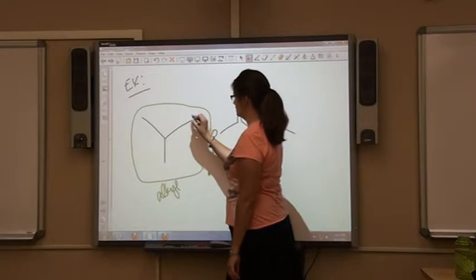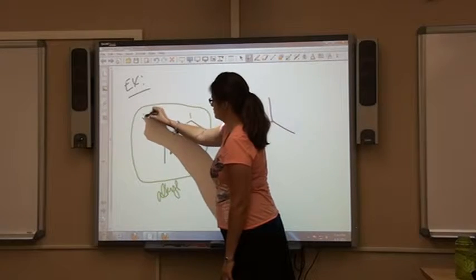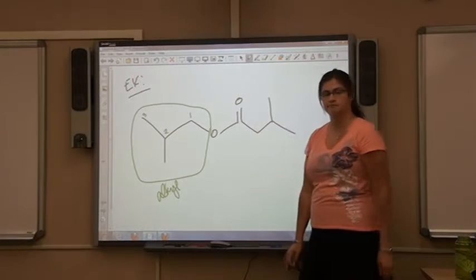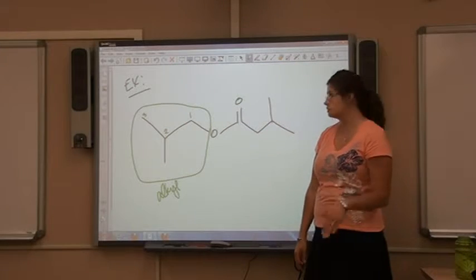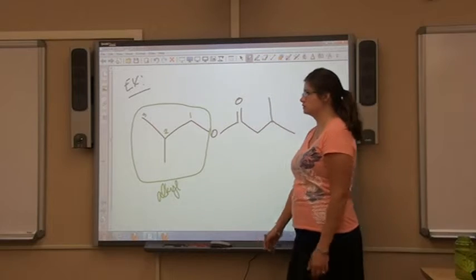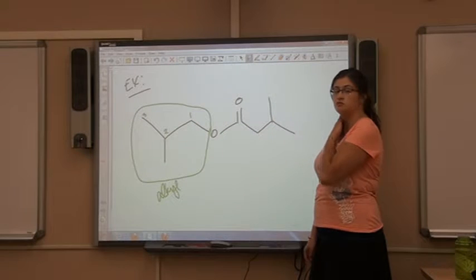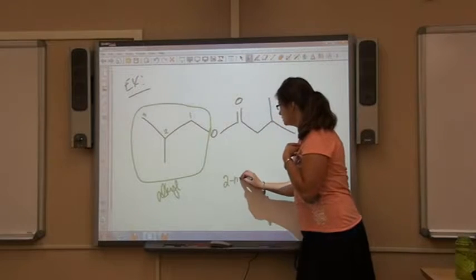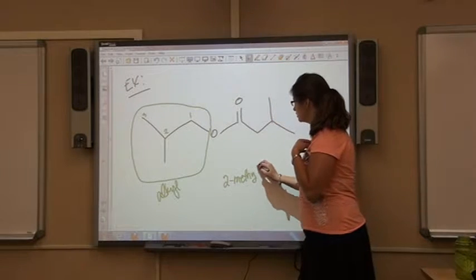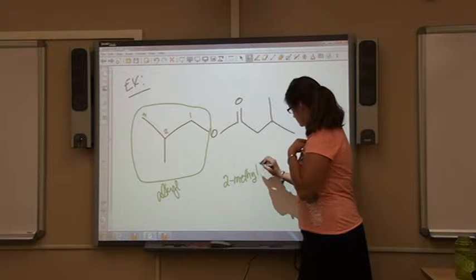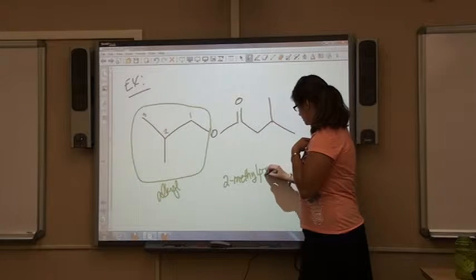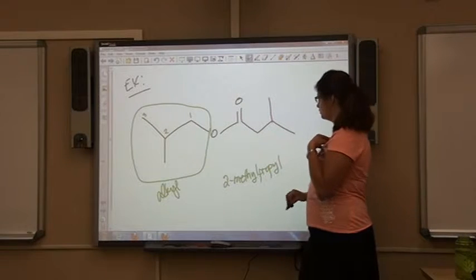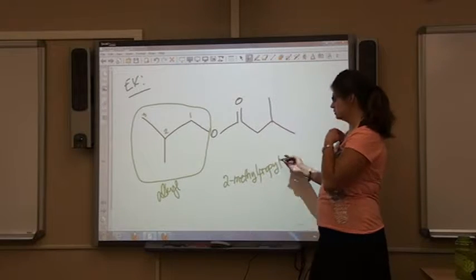Now practice numbering this. We have 3 carbons, and then this is a substituent here. So if we had to name this as a substituent, we call this 2-methylpropyl.